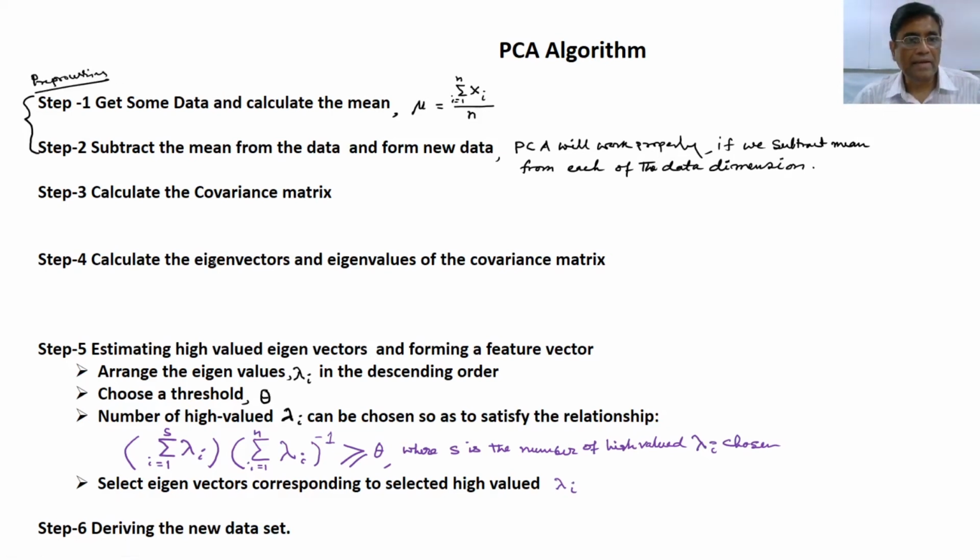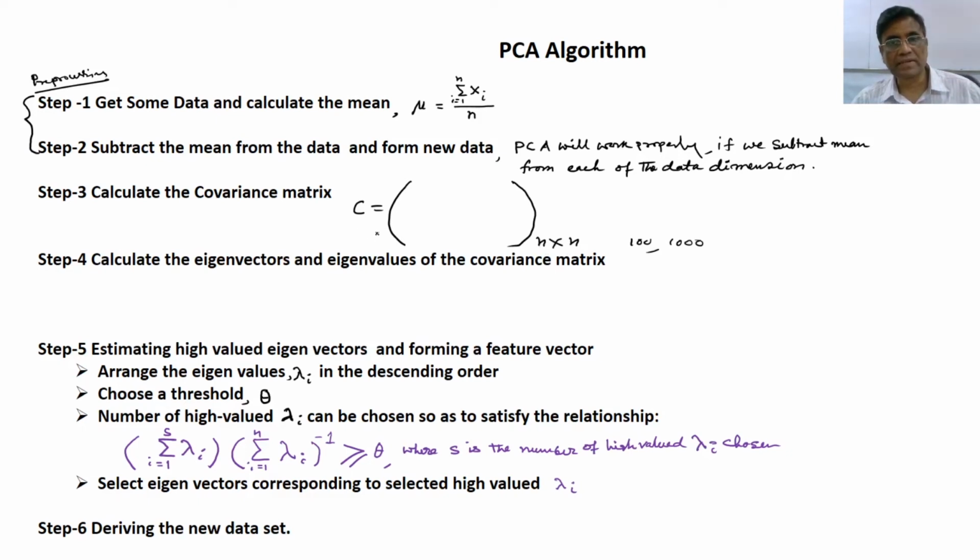Next, calculate the covariance matrix C, which will be n cross n. If you have n dimensions, n could be 100, it could be 1000, and so on, so that will be the dimension of the covariance matrix.